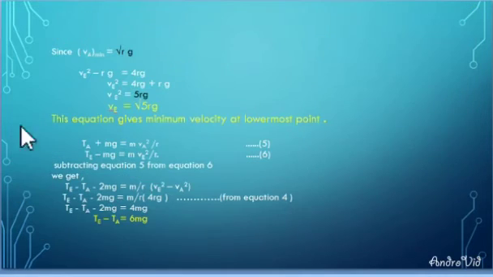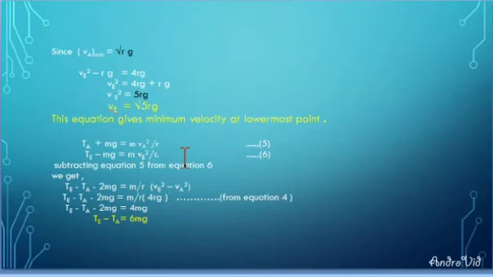Now we know VA minimum is equal to square root of Rg, which was equation one. Substituting, I get V square minus Rg is equal to 4Rg. Simplifying again, VB is equal to square root of 5Rg. This is the minimum velocity at the lowermost point.